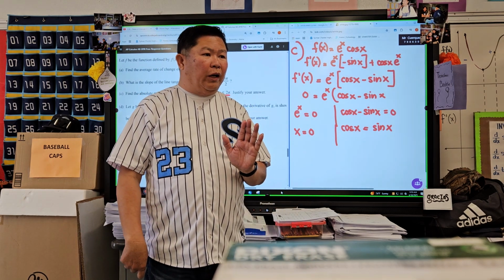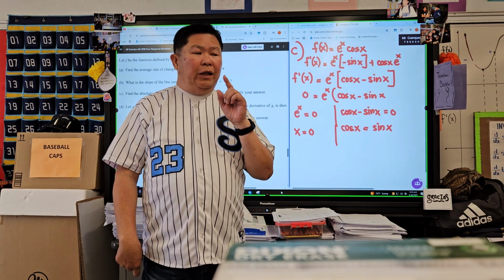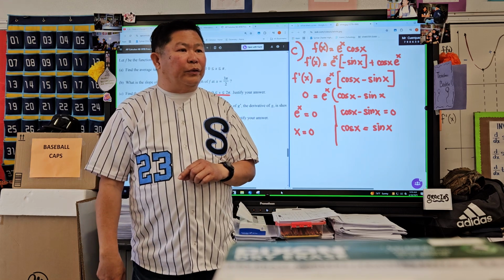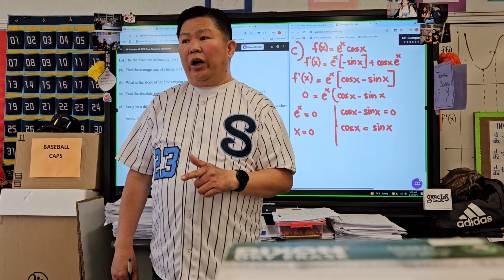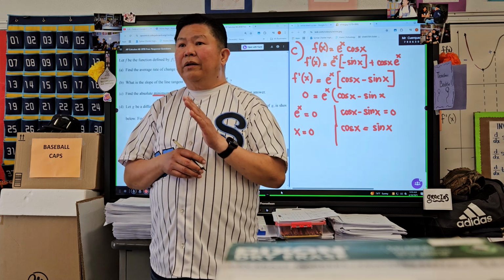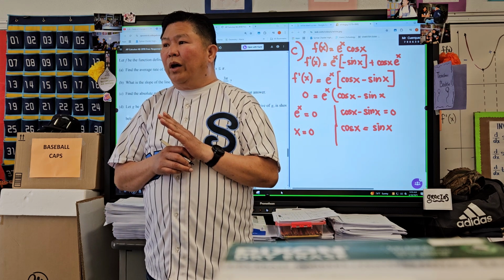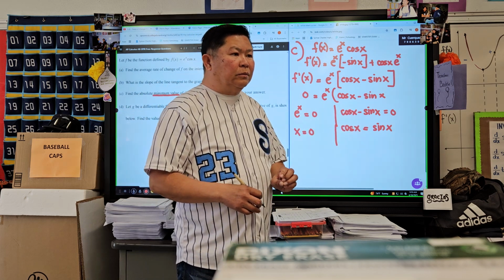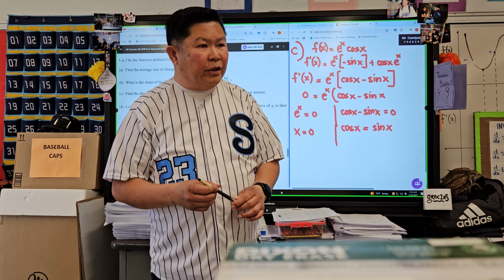Is it equal at pi over 6, pi over 4, or pi over 3? Pi over 4. That means in degrees, that's 45 degrees. They are equal to each other, sine and cosine.